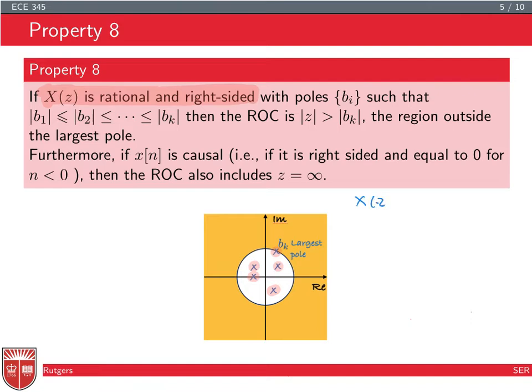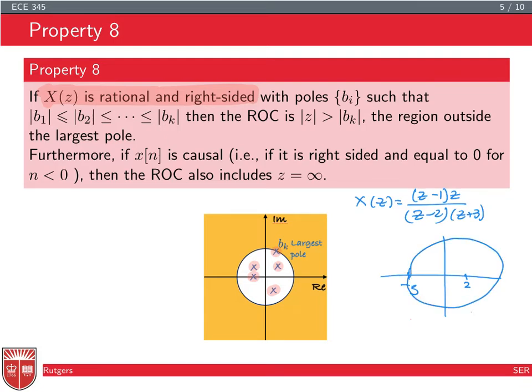So let's suppose X(z) is equal to (z minus 1) times z divided by (z minus 2) and (z plus 3). So we know here that on the z plane, we have two poles. We have a pole at plus 2, and we have a pole at negative 3. And now we know that the largest pole, largest in magnitude, is going to be 3, or negative 3.